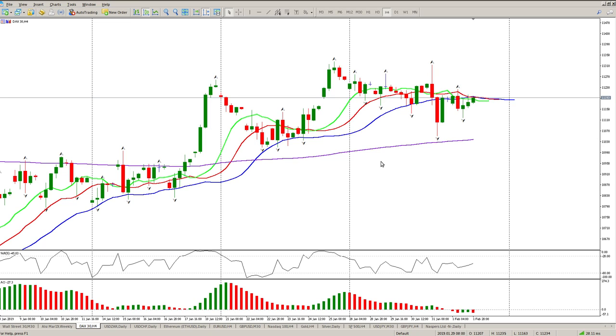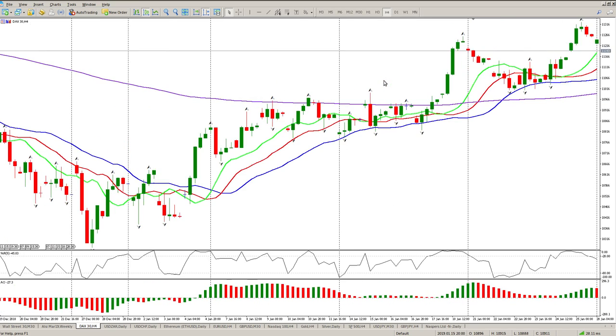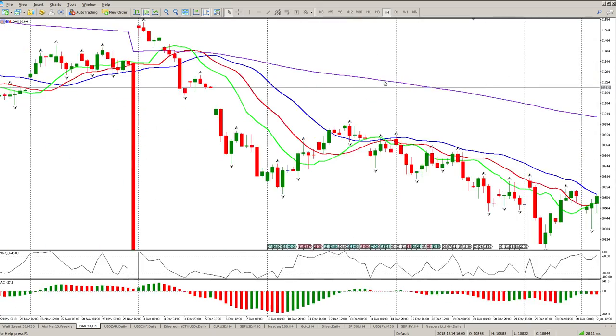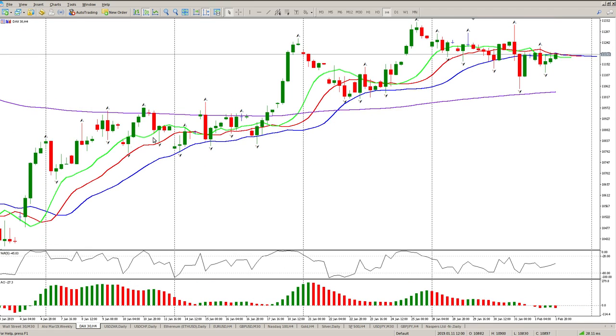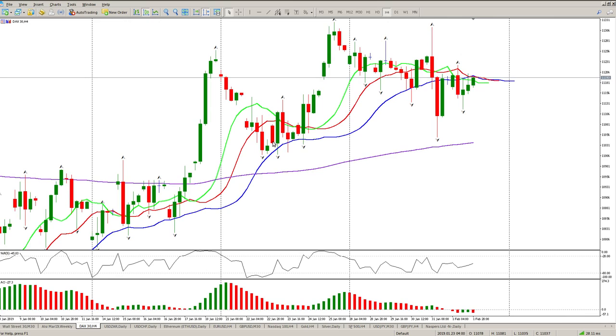This is very typical of a turn, especially with the US markets and the Dax. On the 4 hour you'll see we struggle to get through key levels.